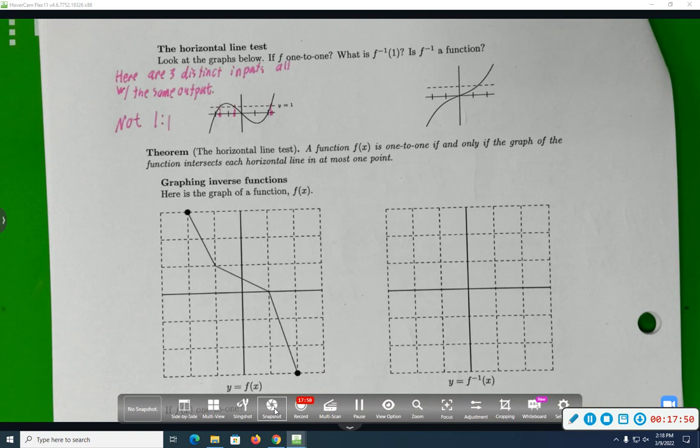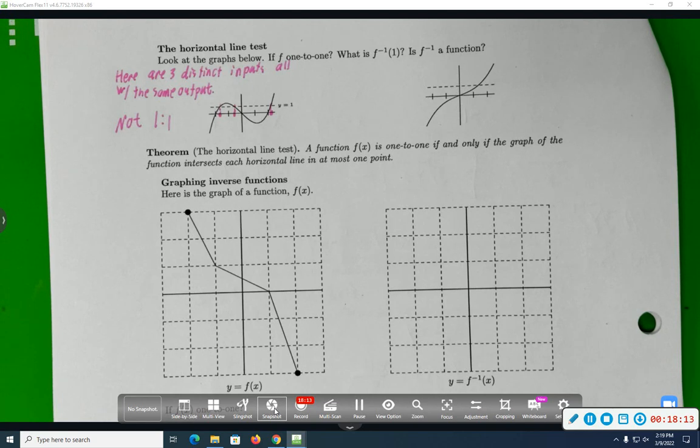Take a look at the second function. Looking at that second function, can you see any two distinct inputs, so two x values that are not equal to each other, that both give the same output? I think no. So is that function one-to-one, the second one? Yeah.